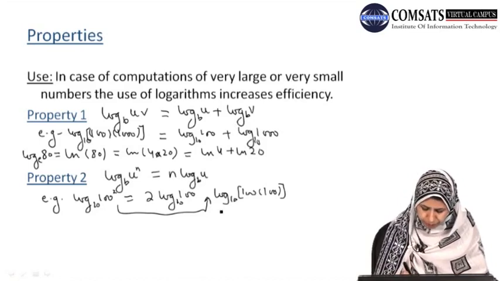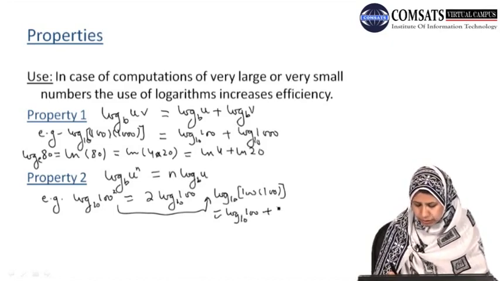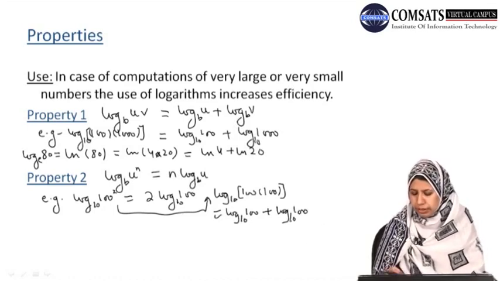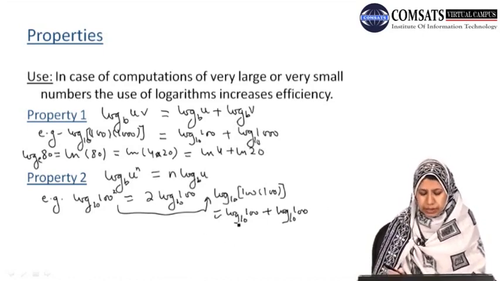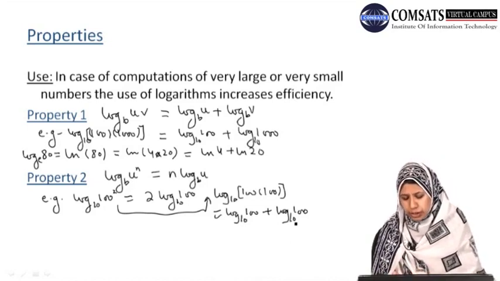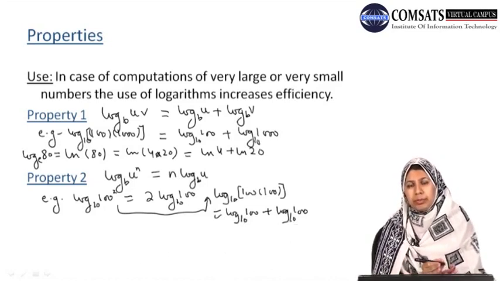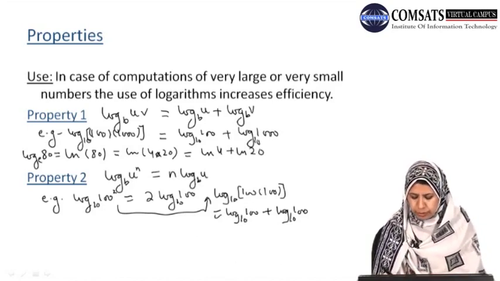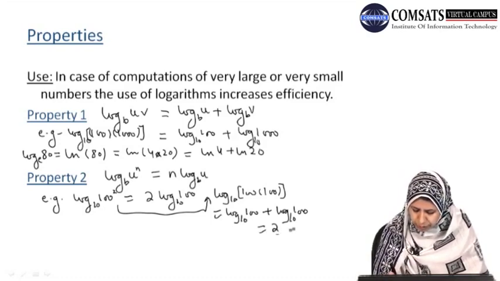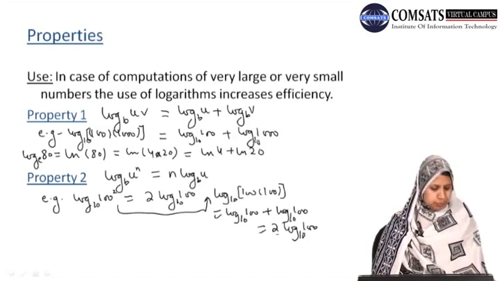Using property 1, we obtain that this is equal to log of 100 to the base 10 plus log of 100 to the base 10. And then adding these two things, we come back to the same result, that if we have a log of an exponent, then the power becomes the multiple of the log, which is equal to 2 times log of 100 to the base 10.